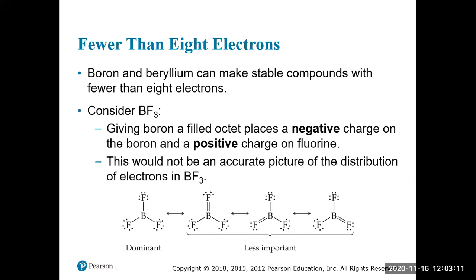We know from that periodic table graph of electronegativity that fluorine is the most electronegative element in the whole periodic table. So it's kind of hard to believe that a stable molecule would have fluorine with any type of positive charge associated with it.